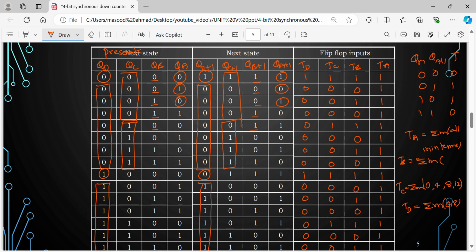What are the values? It is 1 for 0, then it is 1 for 2, 4, 6, 8, 10, 12 and 14. Okay, so once we know this, then we just use K-maps and try to do it.